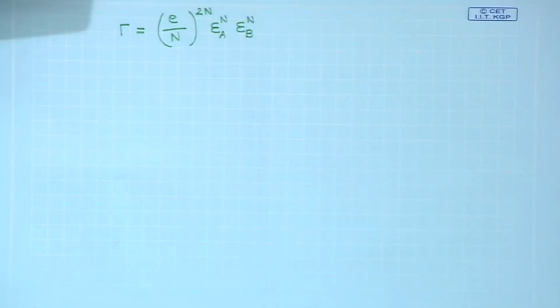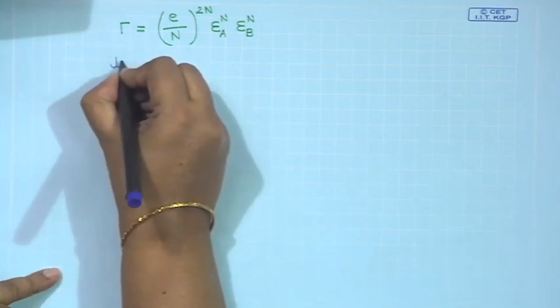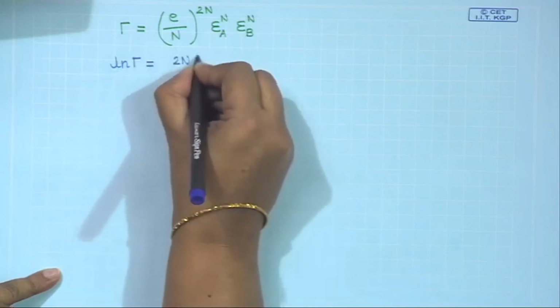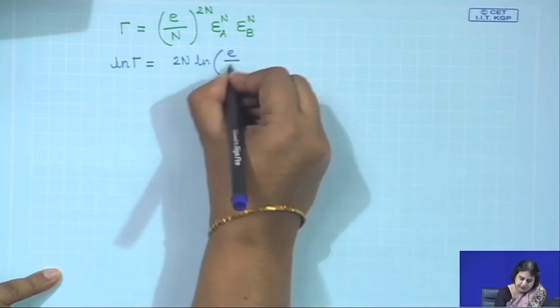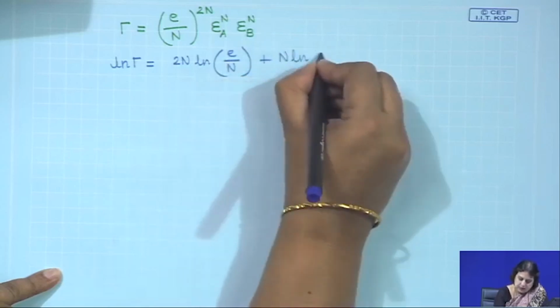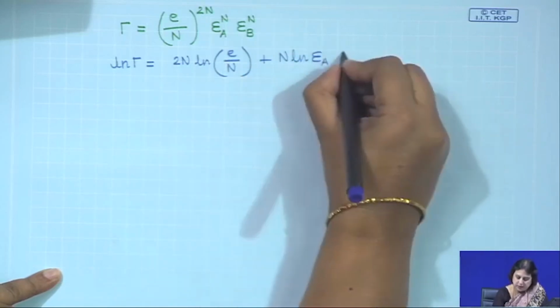In order to estimate this, what we are going to do is as follows. I am going to take a natural logarithm on both sides. That gives me this simple expression that all of you must be able to get if you try it out on paper.